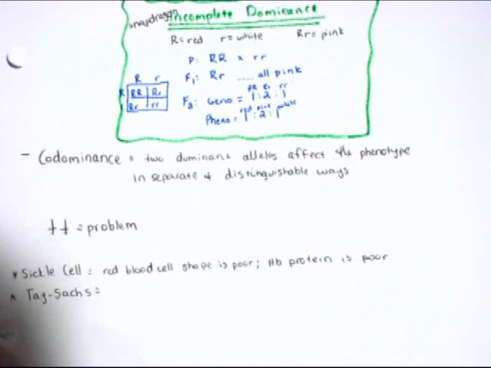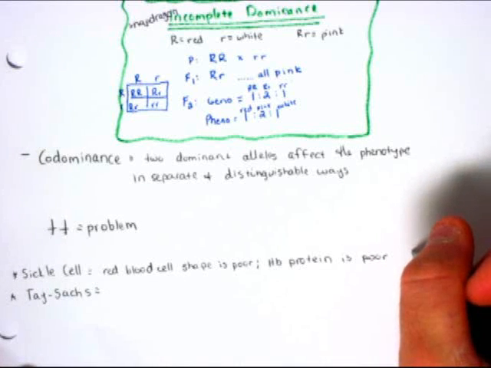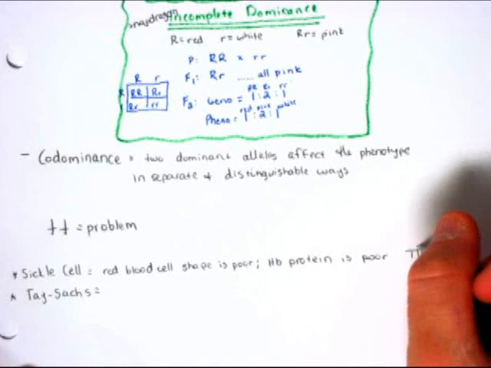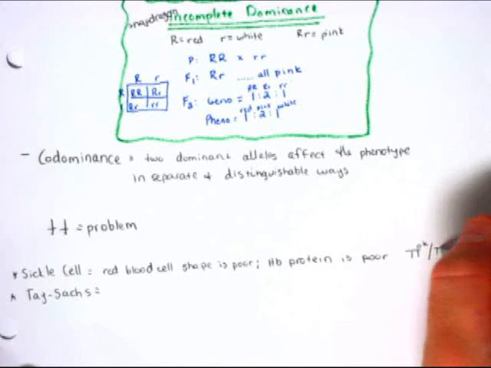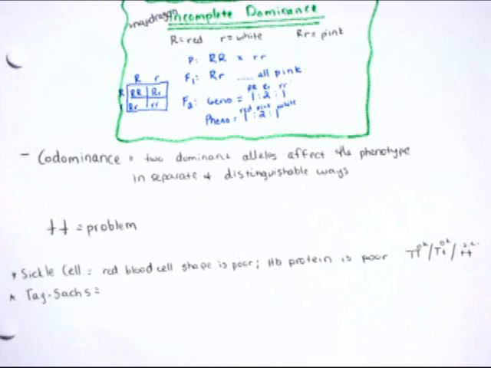It's actually mutated. It's messed up. Individuals that have big T are okay. Big T heterozygotes are okay, but they're carriers. Little t, they have sickle cell. They have the problem, right?